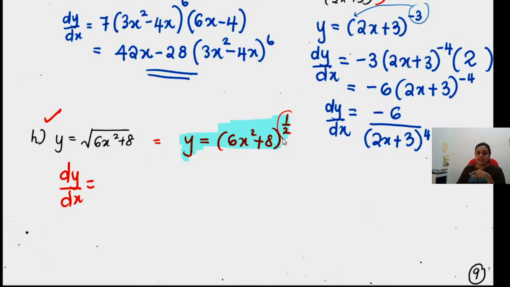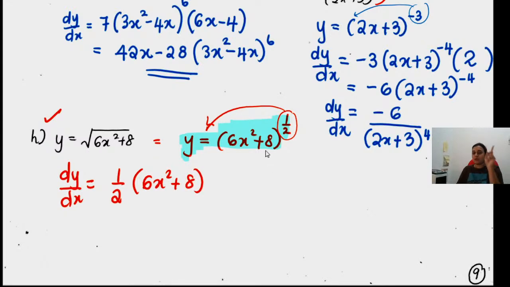The power will jump to the front, so 1 over 2, copy back everything inside the bracket. 1 over 2 minus 1 will be negative 1 over 2. Then make sure to differentiate whatever is inside the bracket. So what is inside the bracket here? 6x squared plus 8. When we differentiate 6x squared plus 8, what will we get?